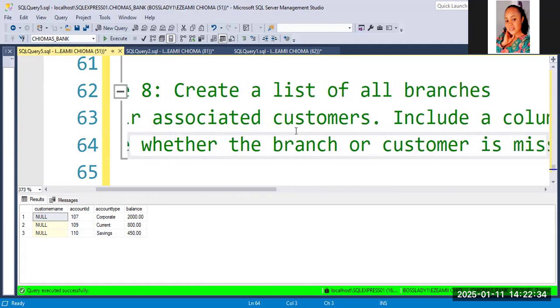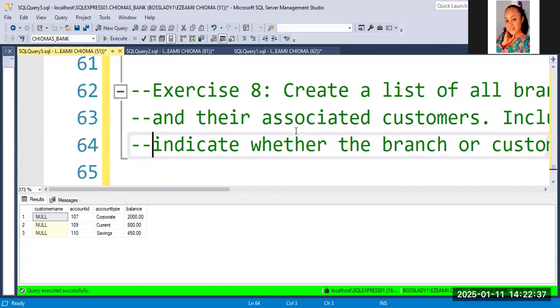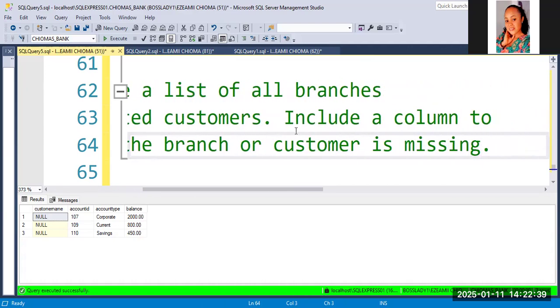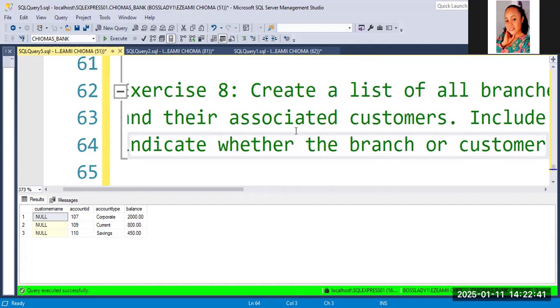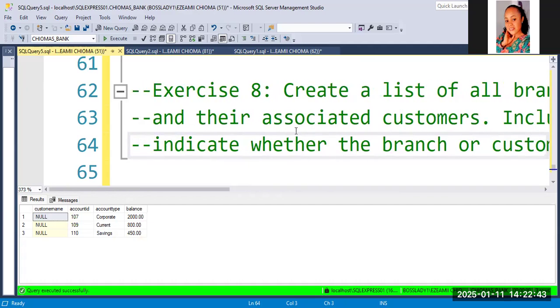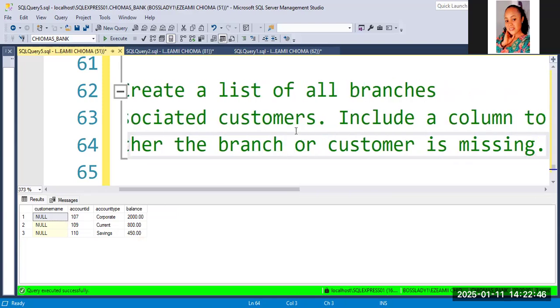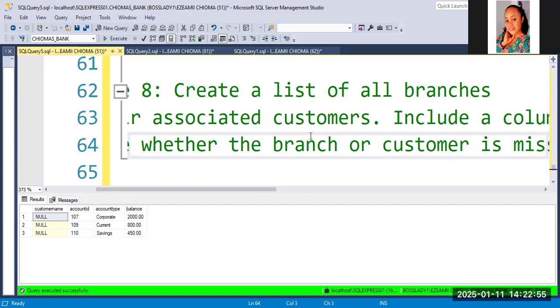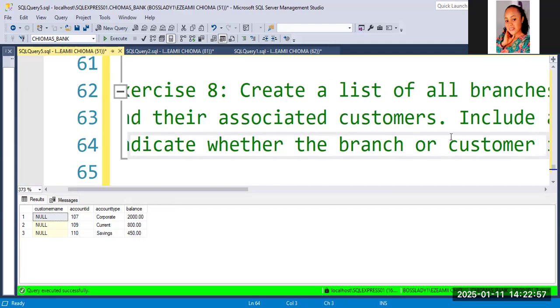Include a column to indicate whether the branch or customer is missing. Whenever you should include a column, it means you have to use a case statement because we need to add a column. If a customer is missing, it's going to tell us the customer is missing. If the branch is missing, it's going to tell us that the branch is missing. So that's what this include a column to indicate means. This is telling us we need a case statement in solving our problem.